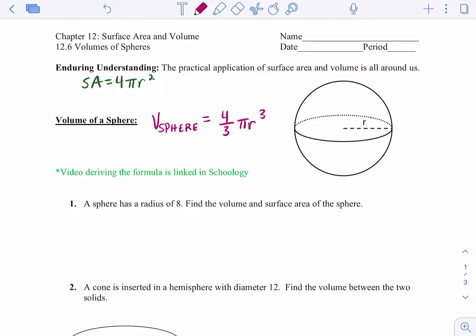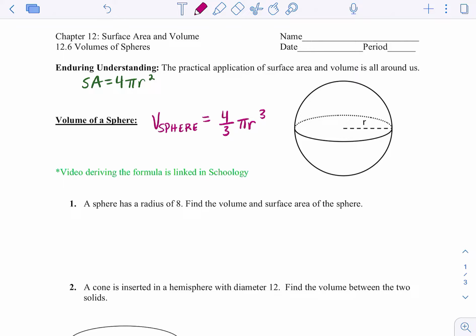And some of you might be sitting at home saying, oh, yes, I remember something about that. For some reason, this is one that I think sticks pretty well in people's minds, probably because it's got this kind of funny fraction, and then it's 4/3 pi r cubed. So that is the volume of our sphere.